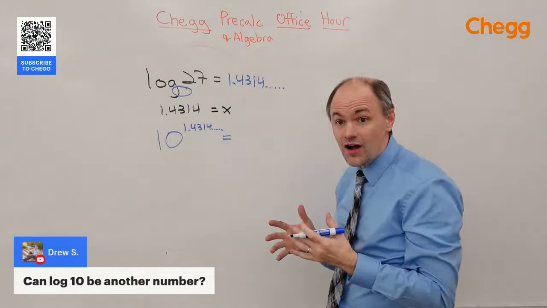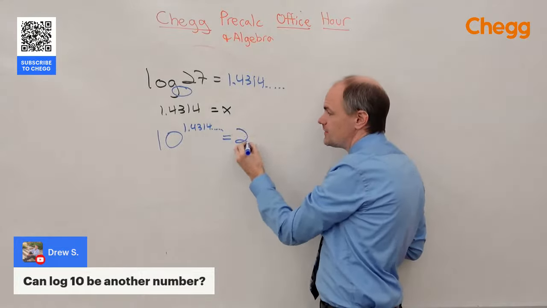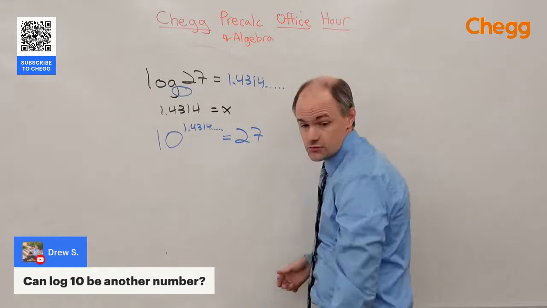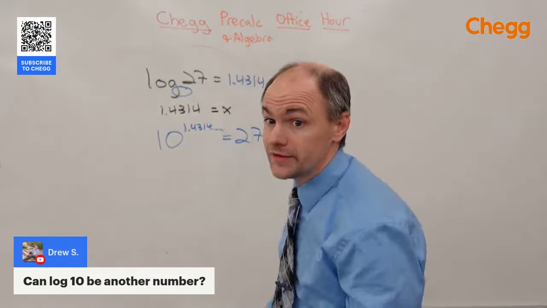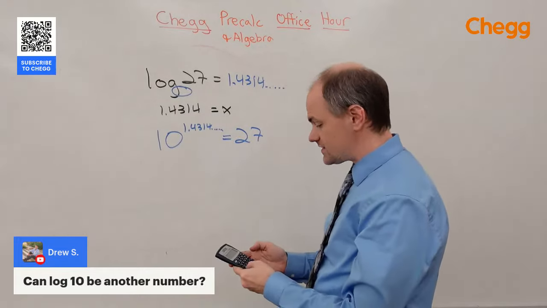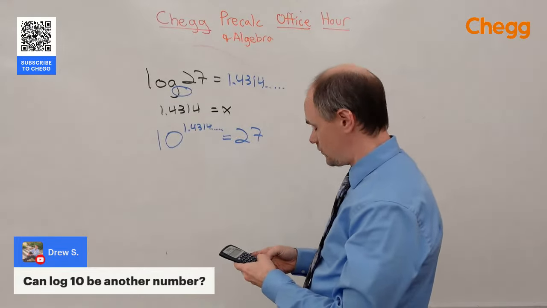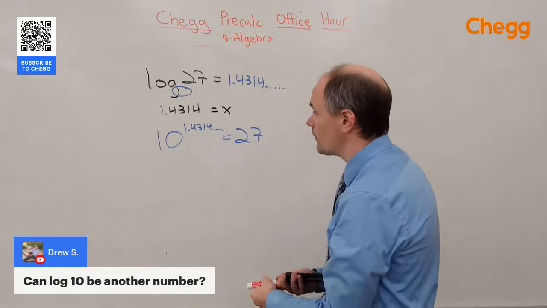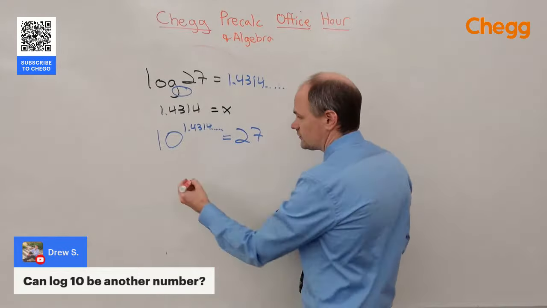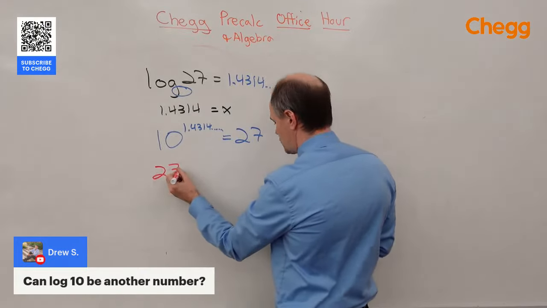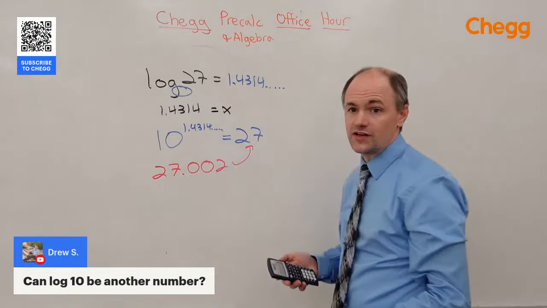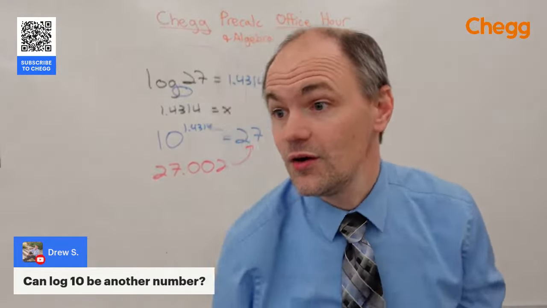And when I do that on my calculator, the answer should be 27. So let's try that and do it on the calculator, see what we get. So I'm going to take 10 and I'm going to raise it to the 1.4314 power. And when I do, remember I rounded that up, so it's going to be a little bit large. I get 27.002, which is pretty darn close to what we wanted.